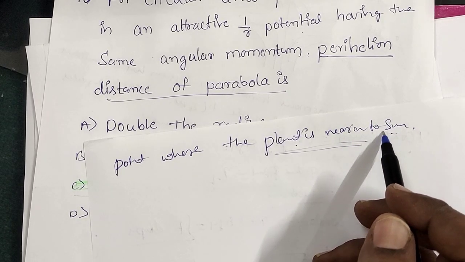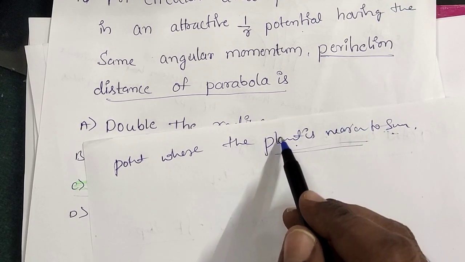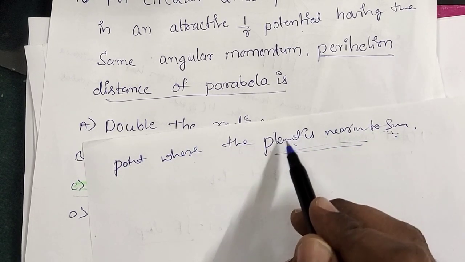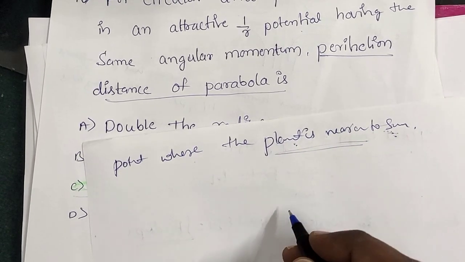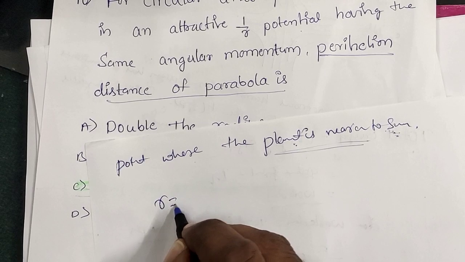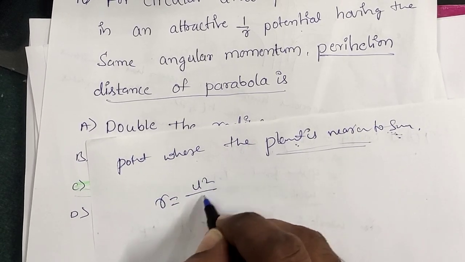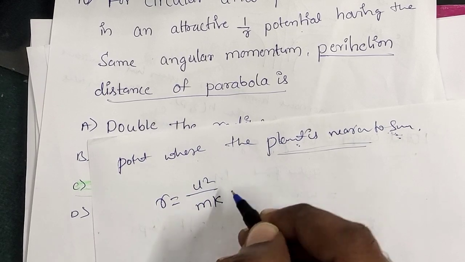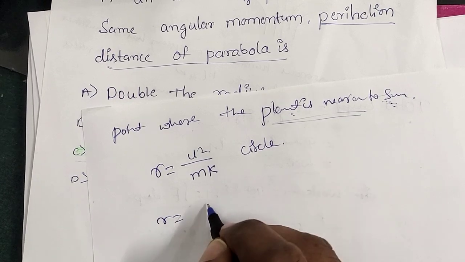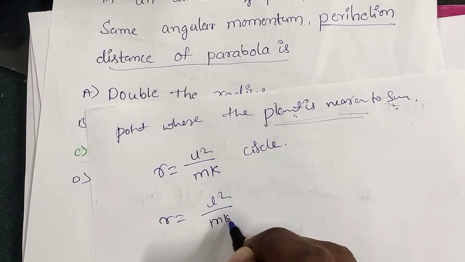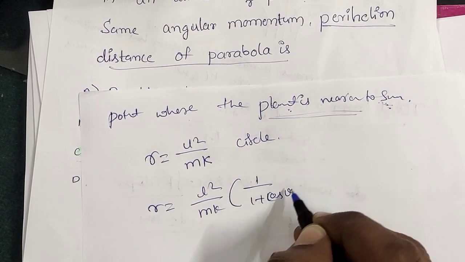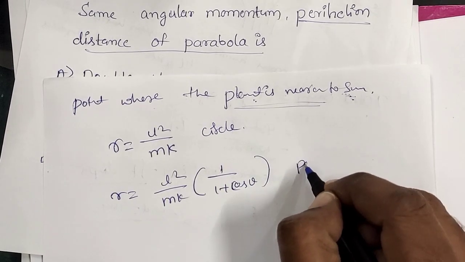The shortest distance between the planet and sun is called perihelion. The equations describing the orbits are r is equal to L square divided by mk for circle, and r is equal to L square divided by mk into 1 divided by 1 plus cos theta for parabola.